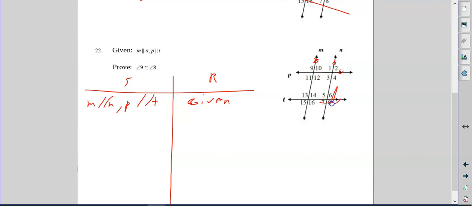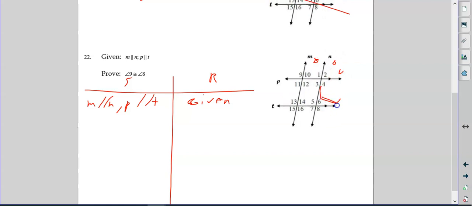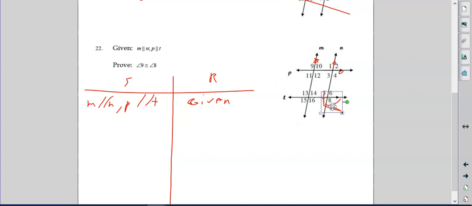Then we could say 1 and 8 are congruent by alternate exterior angles. And then we would use the transitive property. We could also say that 9 is congruent to 13, again corresponding, and then 13 and 8, alternate exterior angles. So either way, we're going to say the same thing and use the same rules. It just depends which direction you want to go.